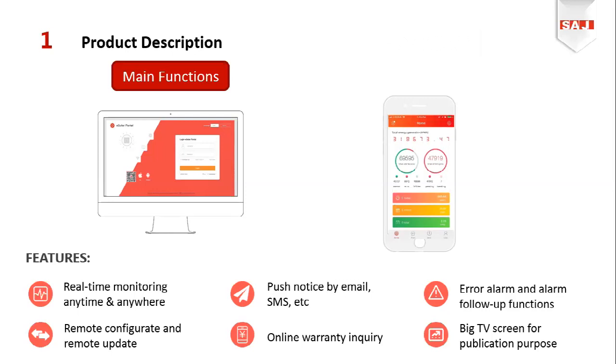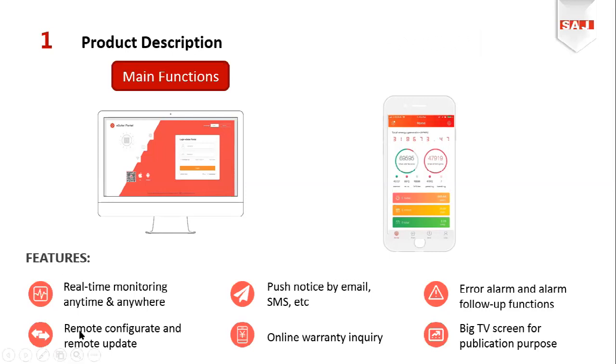Then you can go to check the error and how to do the maintenance quickly. Also have functions like error alarm and alarm follow-up. As we showed before, we can provide a general solution for the different types of error. Then you can follow the general solution to solve some basic errors.